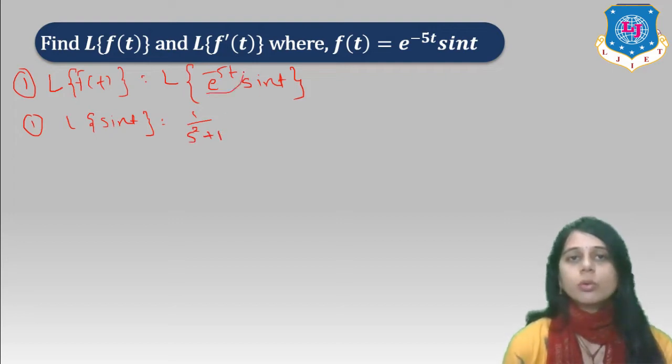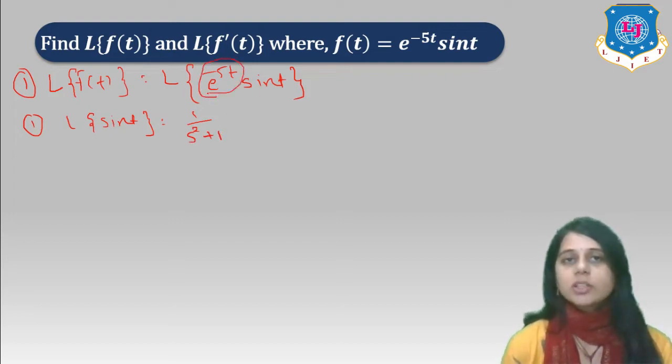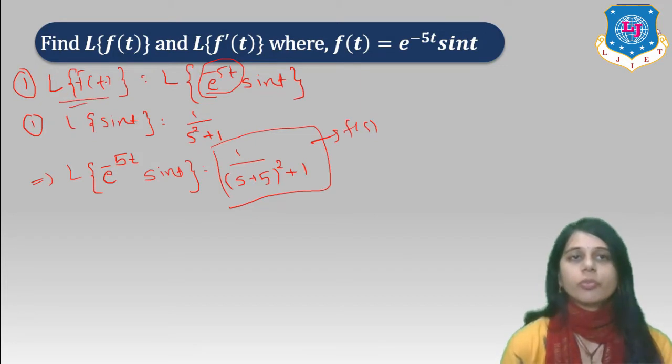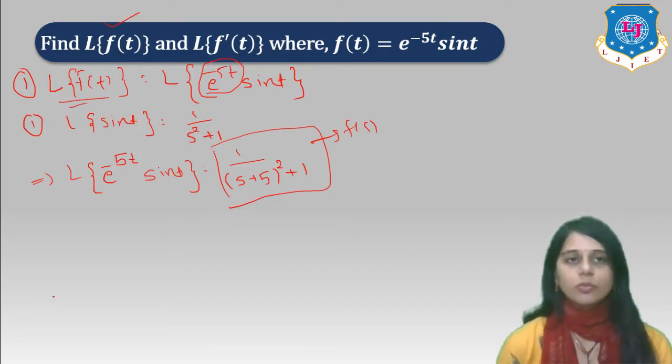But because the function is multiplied by e^(-5t), we apply the first shift theorem. So this is your answer for F(s). So we find first Laplace of f(t).